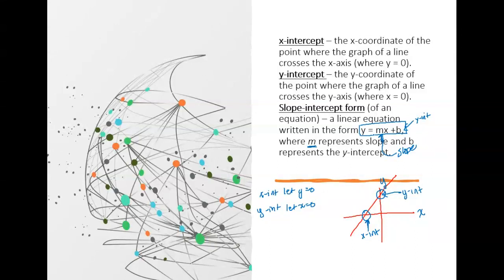Once we have the equation of a line, I can sub in any x to figure out my y coordinate, or put this into my table of values and so on. This is slope-intercept form. It's one of the most common forms that we write a linear equation in. It's the neatest way, I guess.